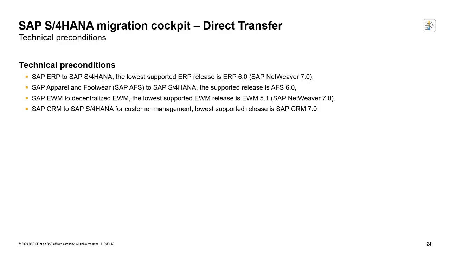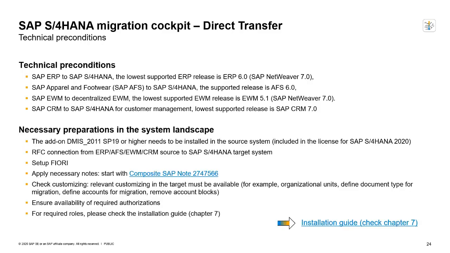If you would like to migrate your data from SAP EWM to decentralized EWM, the lowest supported EWM release you can select data from is EWM 5.1 release. If you would like to transfer data from SAP CRM to SAP S4HANA for customer management, the lowest supported release is SAP CRM 7.0.